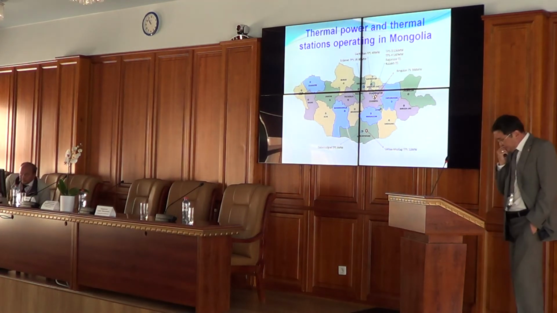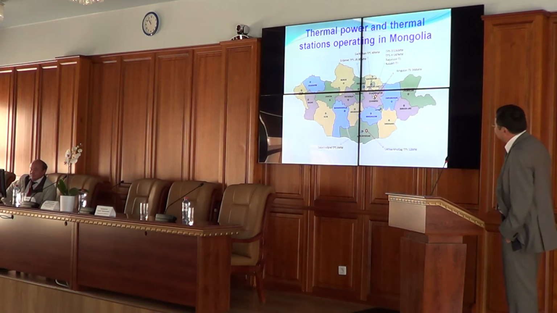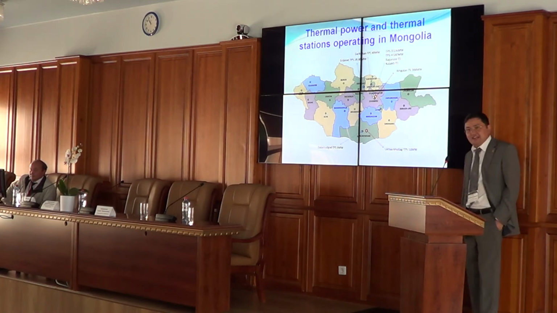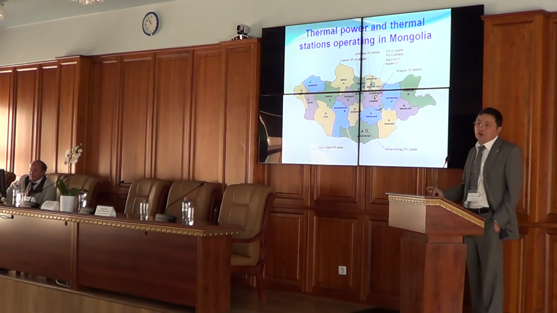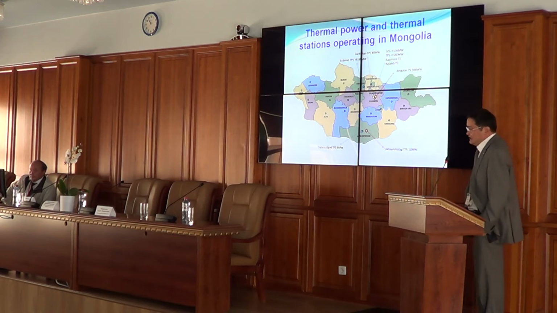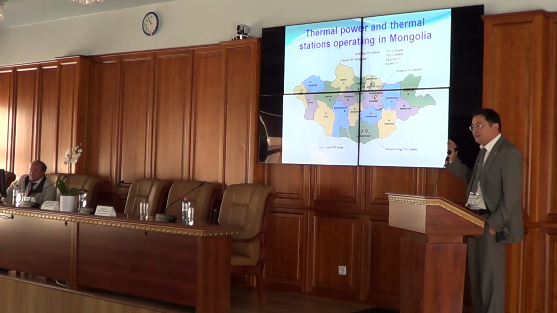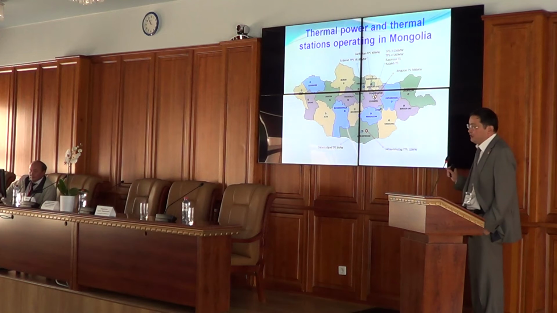Then why it's very important, especially in Mongolia. In Mongolia we have 7 or now already 8 thermal power stations. And in all these thermal power stations we use coal. The approximate value is quite different, but each year we are using up to 8 million tons of coal.